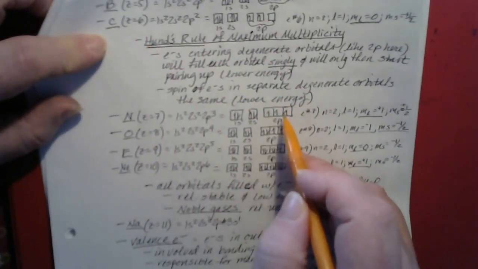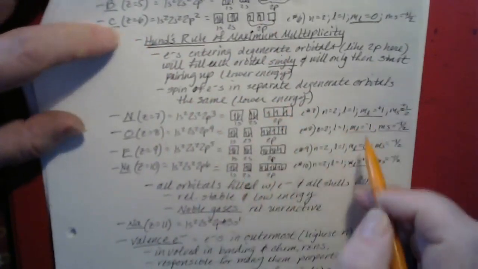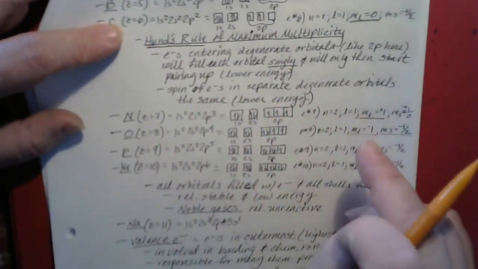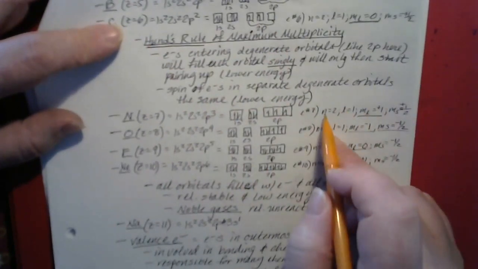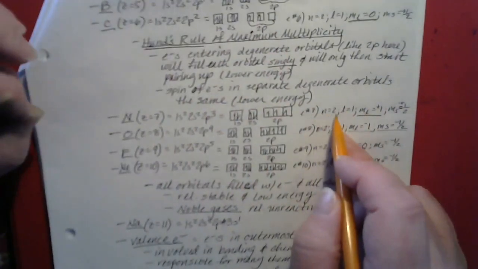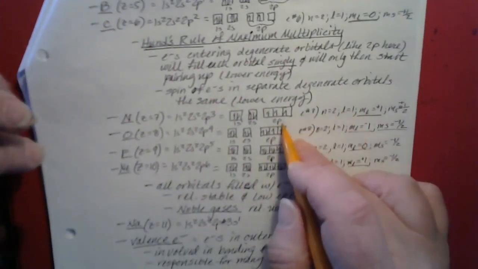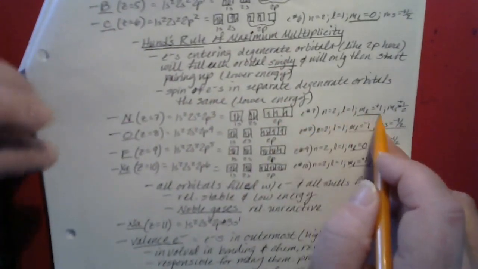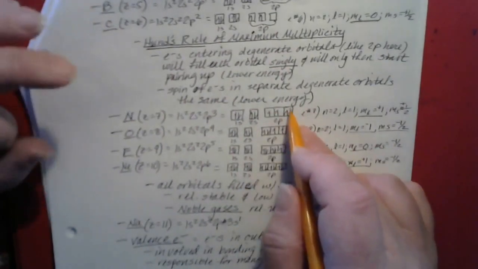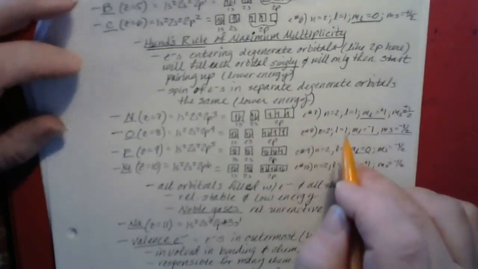So now you've got 3 unpaired electrons, and the last electron will have quantum numbers of n equals 2 because it's second shell, l equals 1 because it's a p-type orbital, m sub l equals +1 because I drew it in the right-hand p orbital, and that's what distinguishes it from the last entry. And m sub s, again, would be +1/2 because it's pointed up.